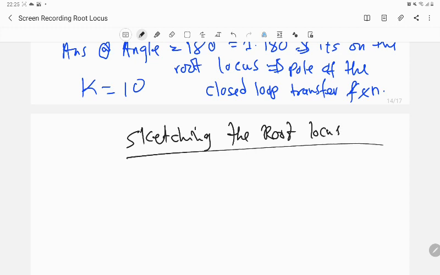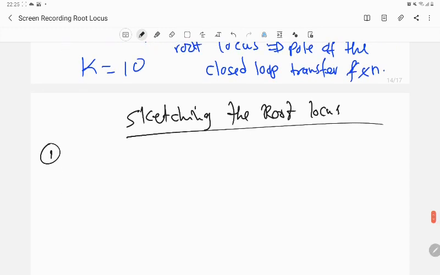So we are going to first learn 5 fundamental principles that help us to draw a basic sketch of the root locus. The first principle is the number of branches.